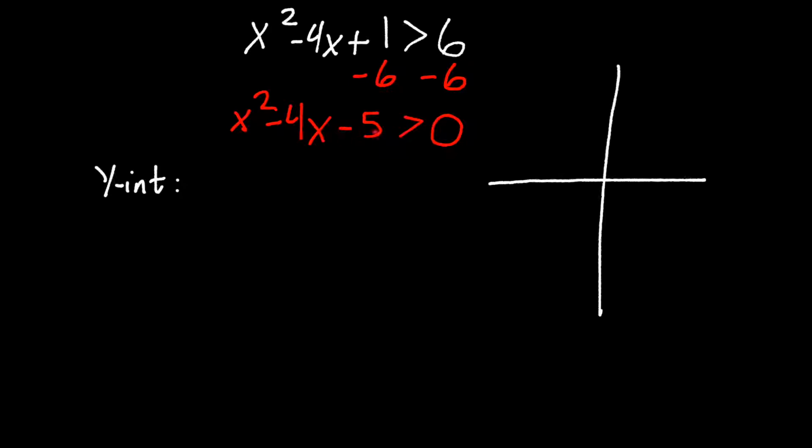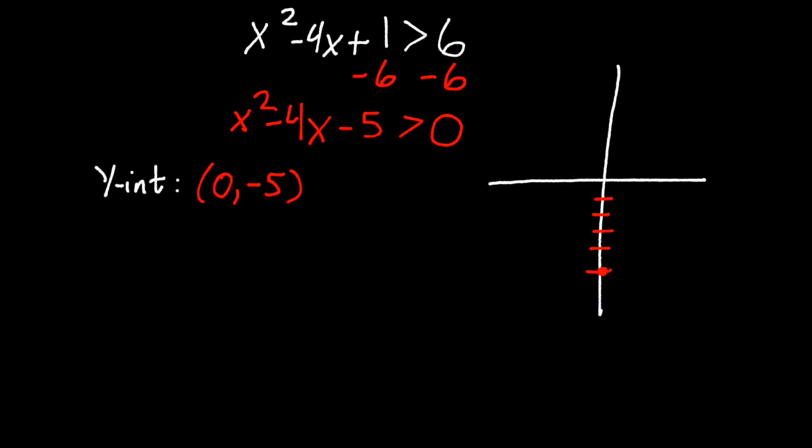I'm just going to pay attention to the left side where our variables are. And I'm going to plug 0 in for x. If I plug 0 in, I get -5. So my y-intercept is going to be (0, -5). So it's going to be all the way down there.